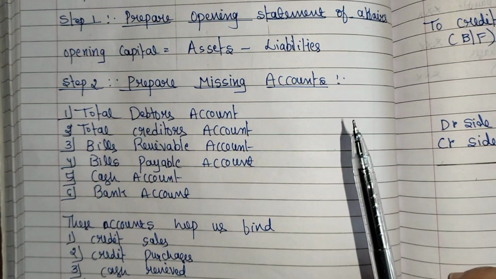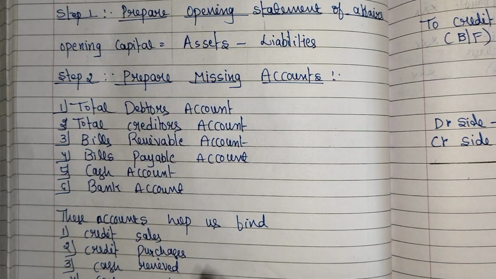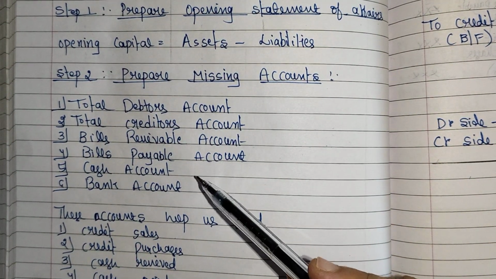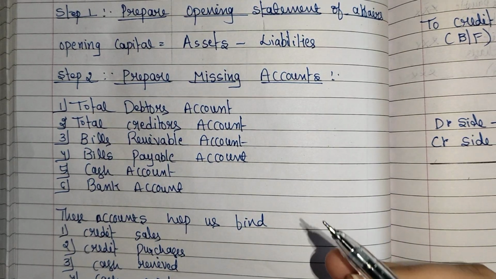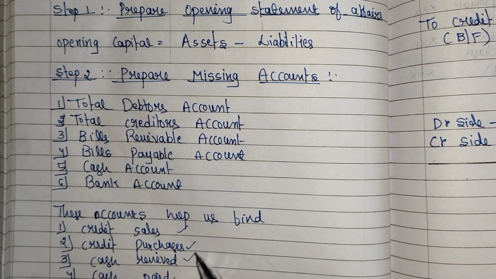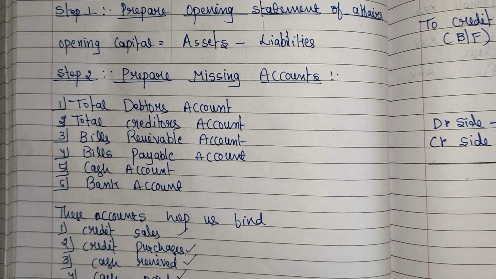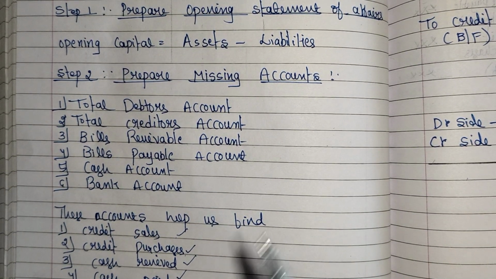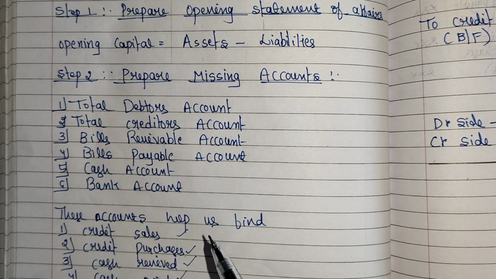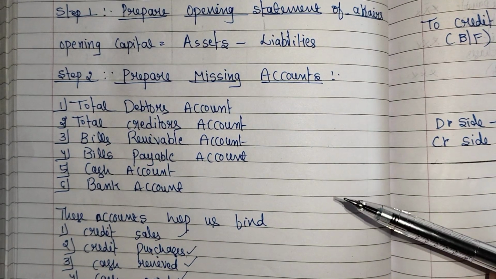These accounts help us to find the total amount of credit sales, credit purchases, cash received and cash paid. Clear? So all these accounts we need to prepare. These amounts are useful when we prepare the trading account.